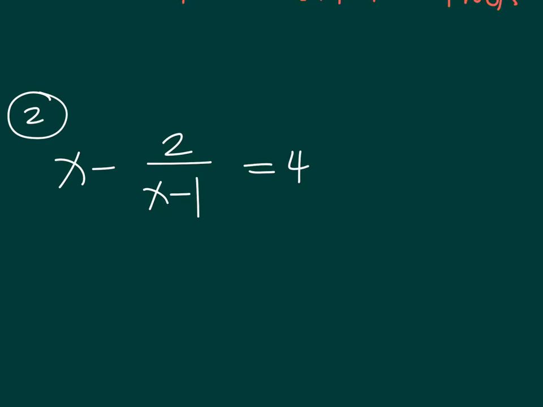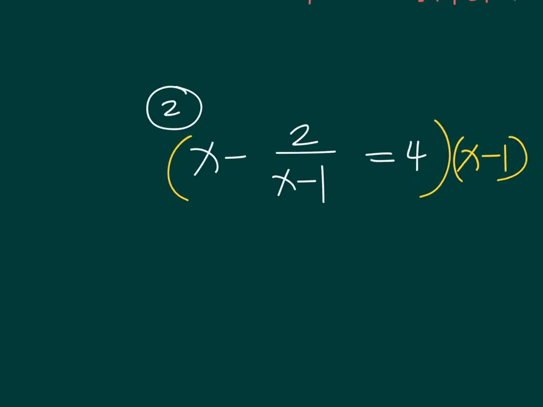So again, this is not yet of the form of ax squared plus bx plus c equal to 0. So we have to find a way, and we can do that if we can eliminate the denominator x minus 1. This one, we need to eliminate this. Now we can simply multiply both sides by that factor.